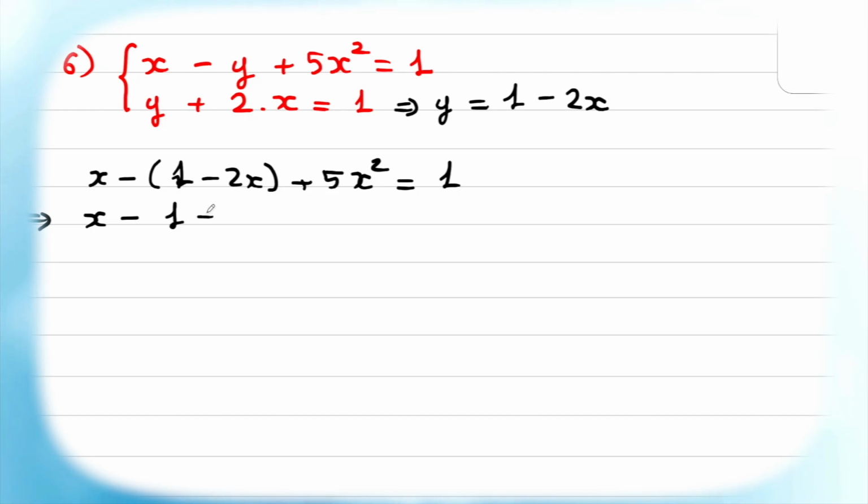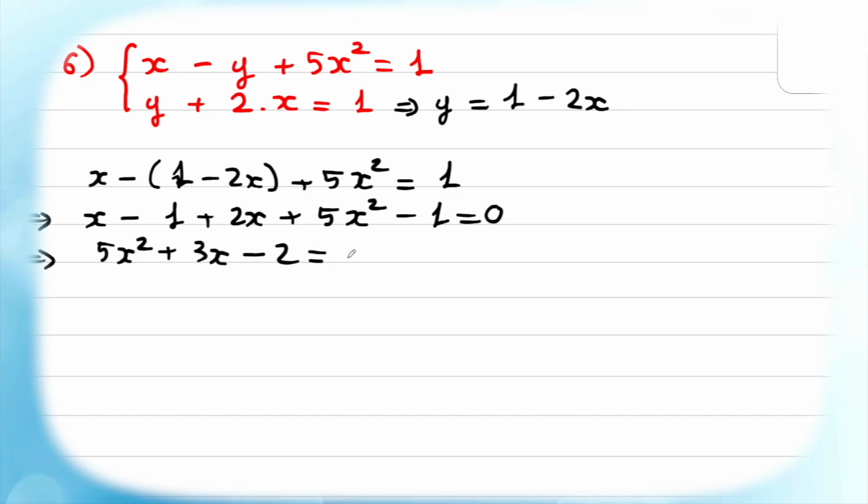x, 1 plus 2x plus 5x squared minus 1 equal to 0. And here 5x squared plus 3x minus 2 equal to 0. And using the quadratic formula or calculator, minus 1 will be the first solution, and the second one will be 2 over 5.